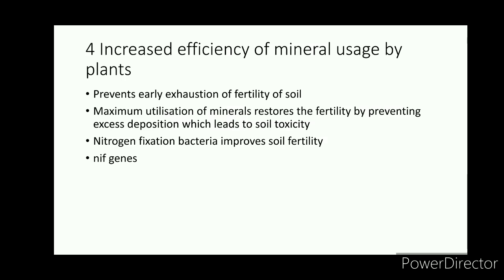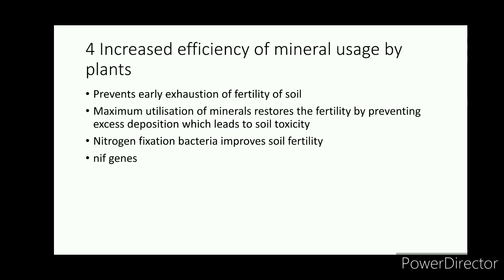Also, it is going to prevent early exhaustion of the fertility of the soil. How? If there is more deposition of minerals in the soil, but the plant is unable to utilize those minerals, it leads to the deposition of these minerals in the soil, leading to soil toxicity. Therefore, the soil becomes unfertile and it prevents the growth of the plants.